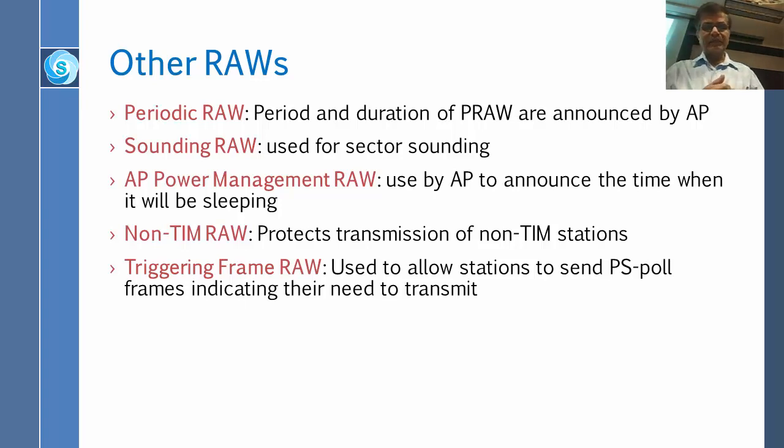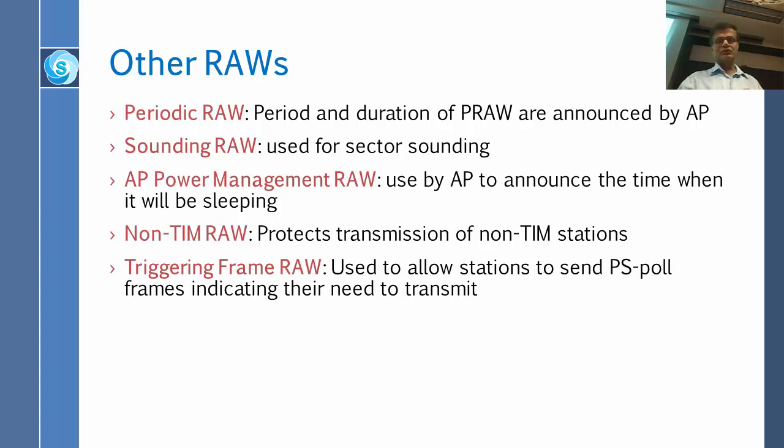And then triggering frame RA allows stations to send PS poll frames, indicating their need to transmit. So PS poll is basically power save poll. It says, I was sleeping, now I'm up, can I send?